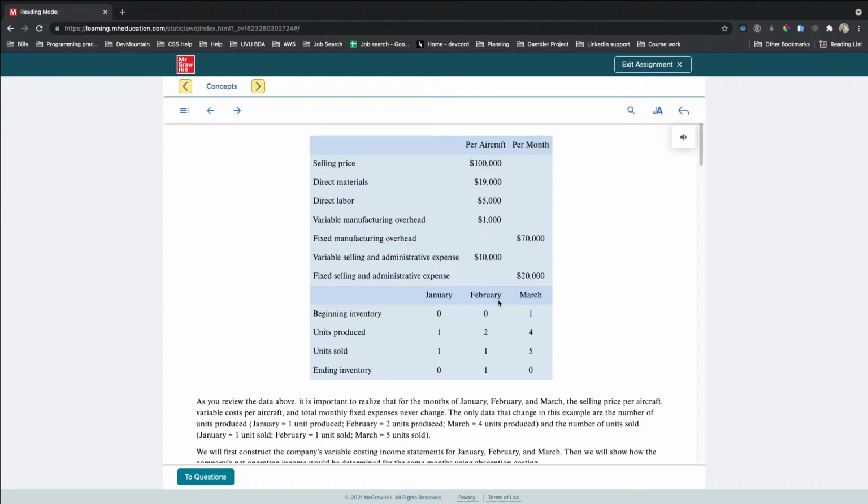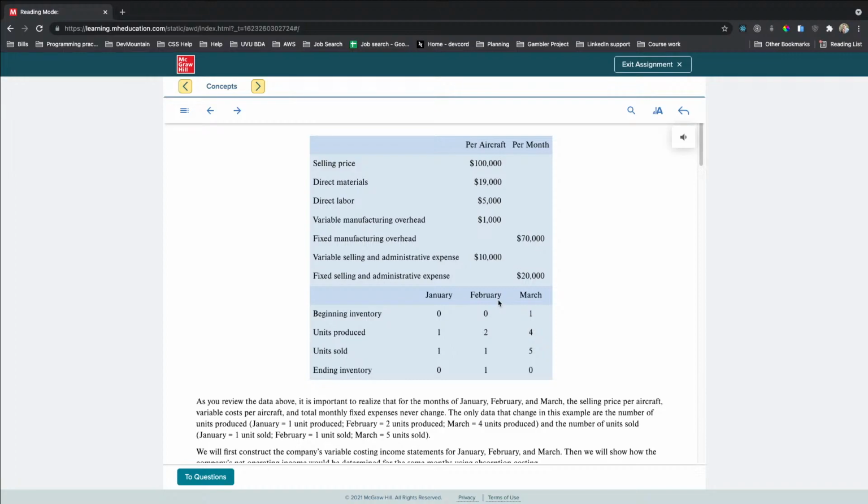All right, so let's do some math here. So we have 100,000 as our selling price. We're going to subtract 19,000 plus 5,000 plus 1,000, and 10 plus 10.